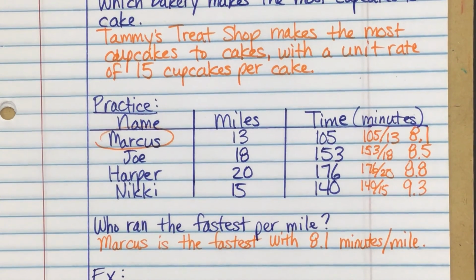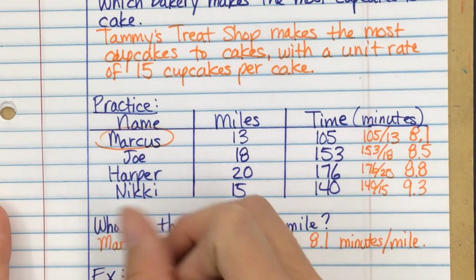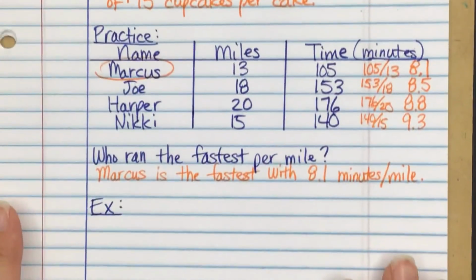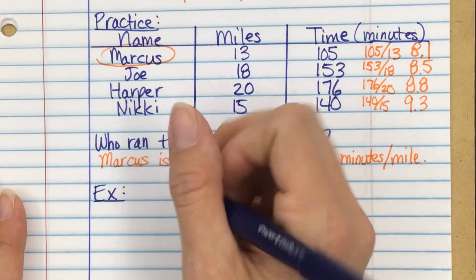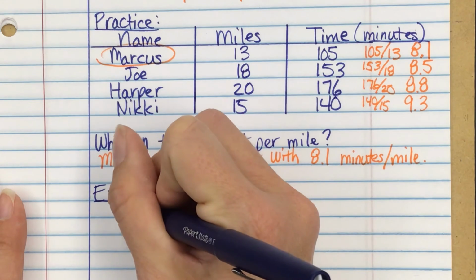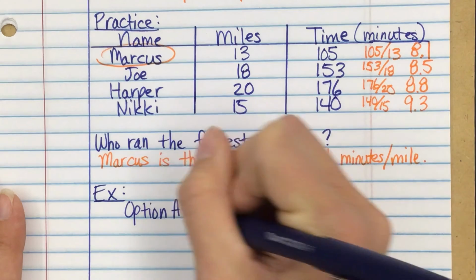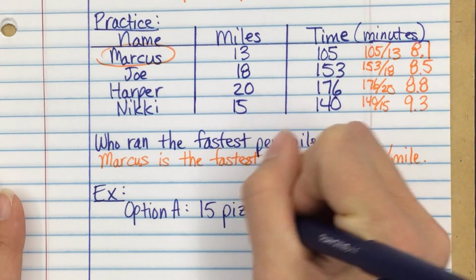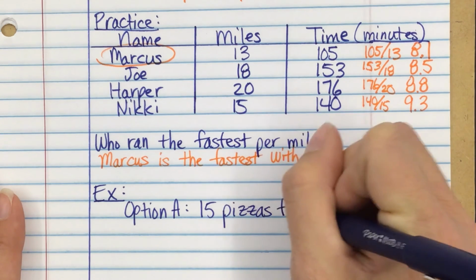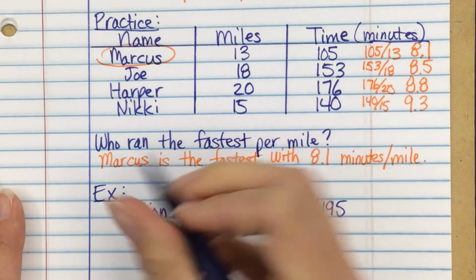Okay, so let's take a look at pizza places. So we have pizza option A is 15 pizzas for $195.